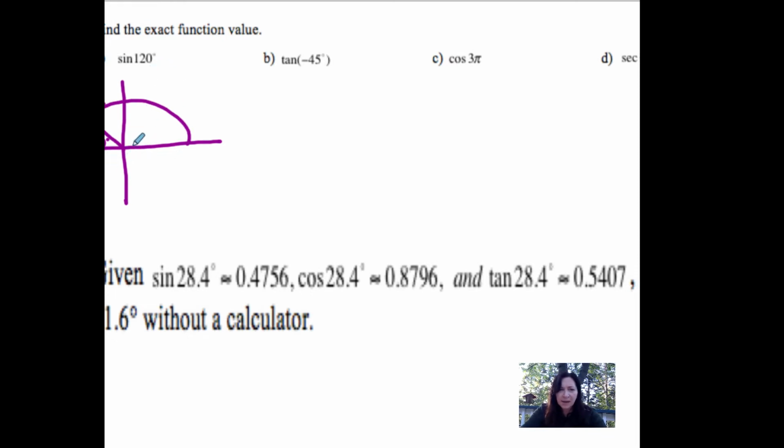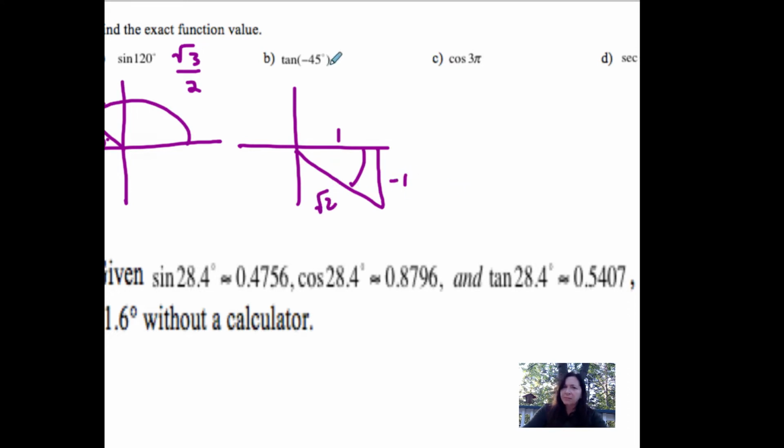So sine of 120 degrees is opposite over hypotenuse, so that's going to be root 3 over 2. Tangent of negative 45 degrees, that's dropping down 45 degrees. So tangent 1, square root of 2. But remember, this is negative. Tangent is opposite over adjacent, so that's negative 1.